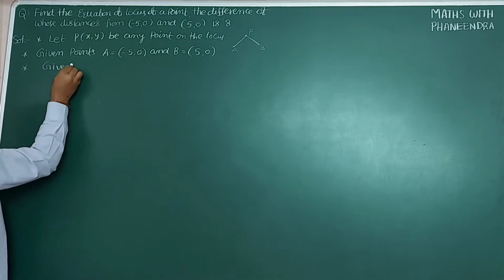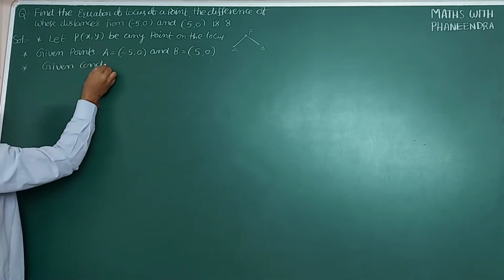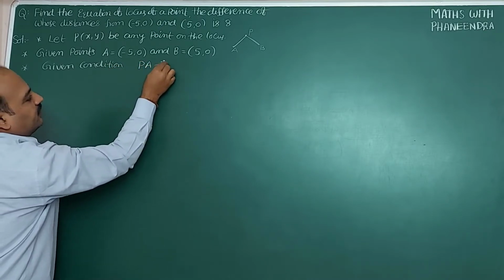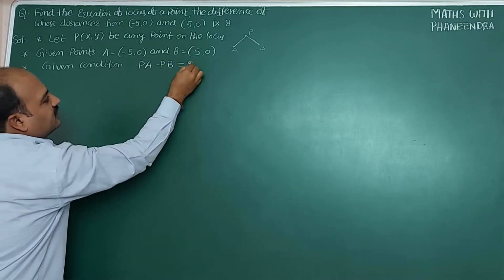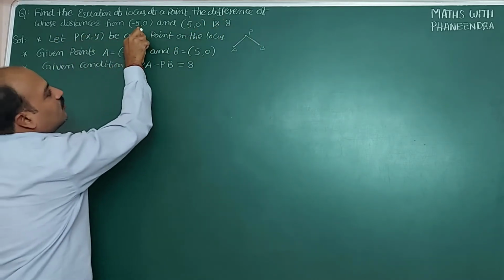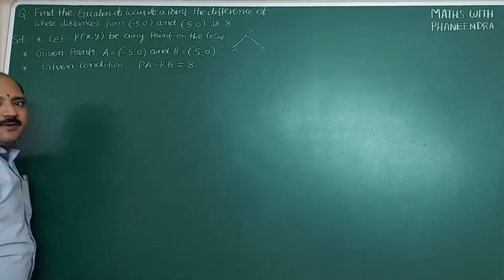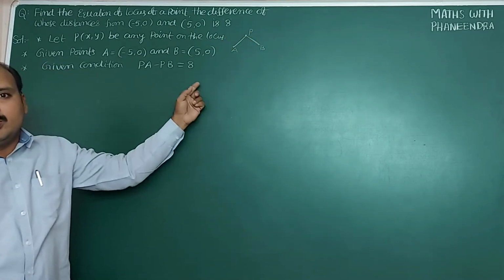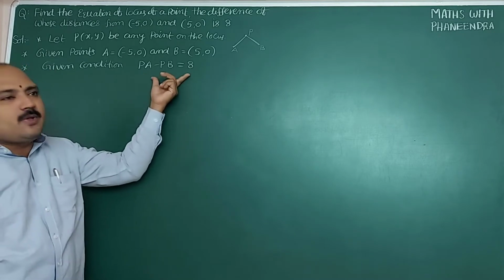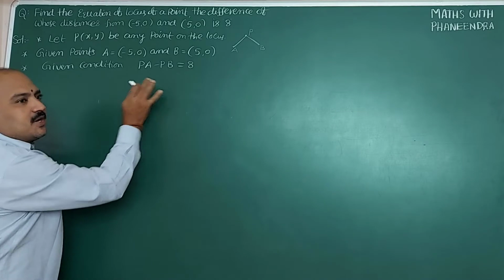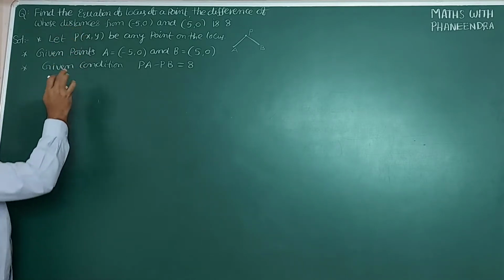Given condition: PA minus PB is equal to, how much is it given? 8. The difference of whose distances from these 2 points is 8. That means PA minus PB or PB minus PA is equal to 8. Not only PA minus PB, you can write PB minus PA also. After writing this step, dear students, important, these 3 steps are completed now.